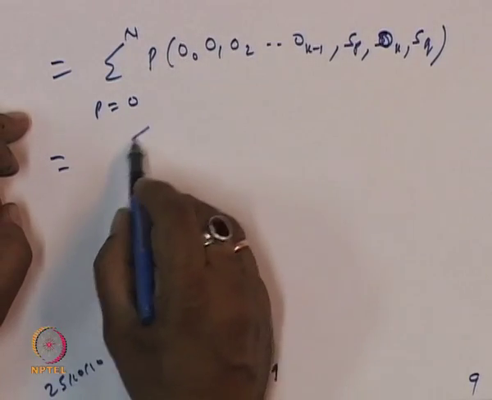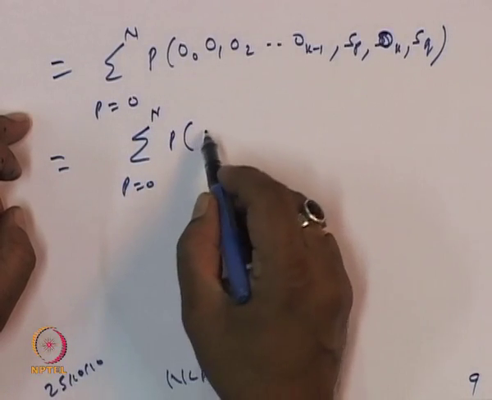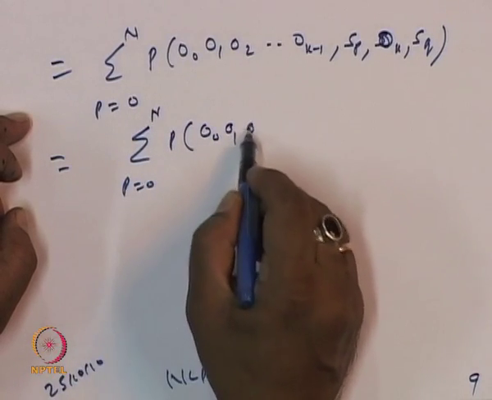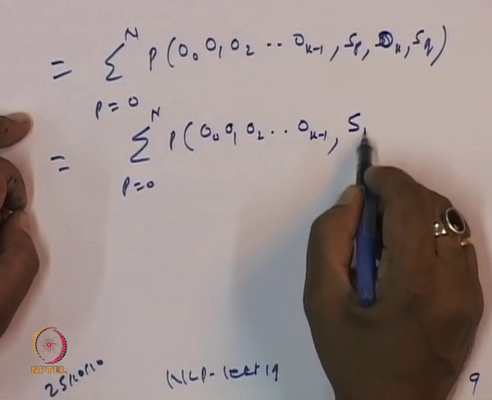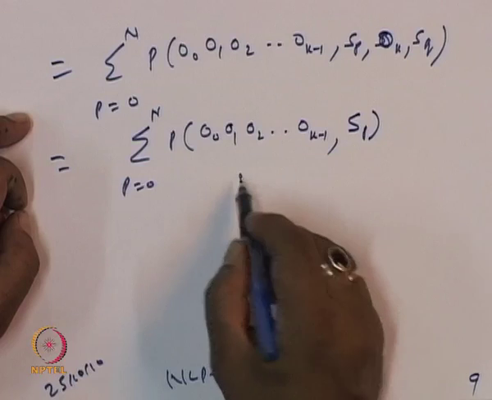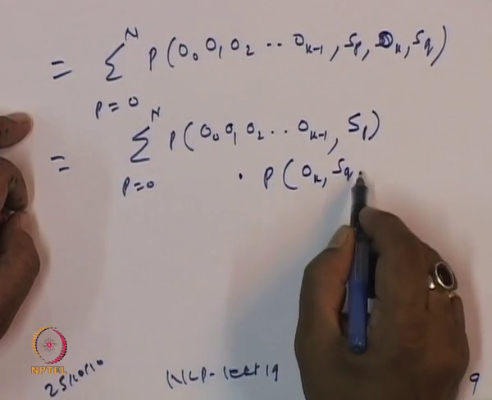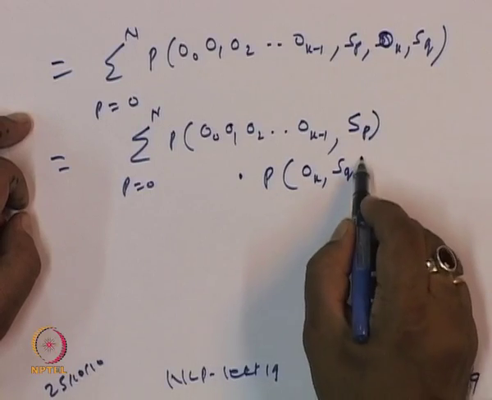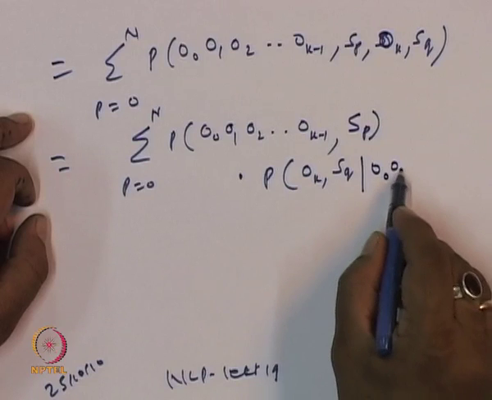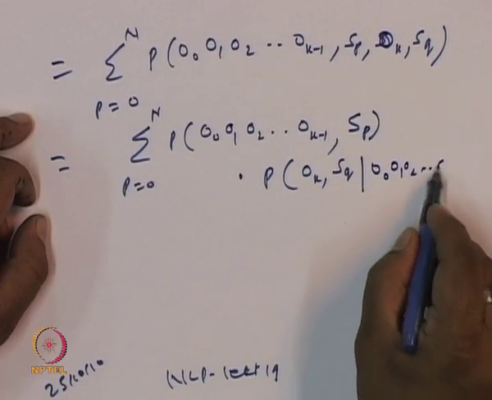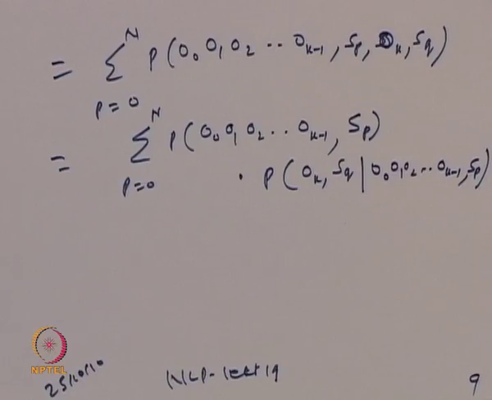This I write as sigma P equal to 0 to n, probability of O0, O1, O2 up to OK minus 1 and the state SP, into probability of OK, comma SQ given O0, O1, O2 up to OK minus 1 and SP. So, this is how the chain rule operates.